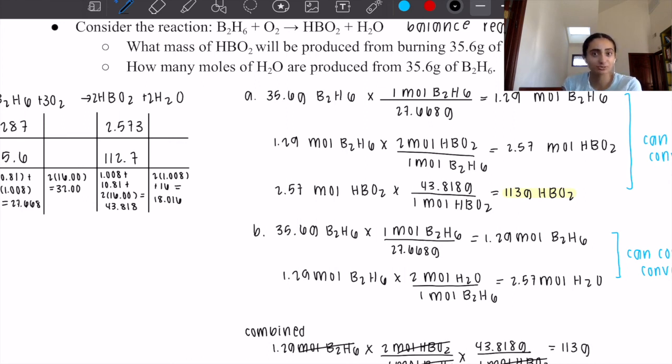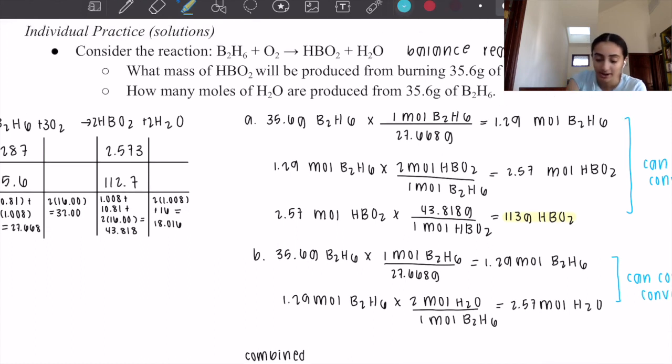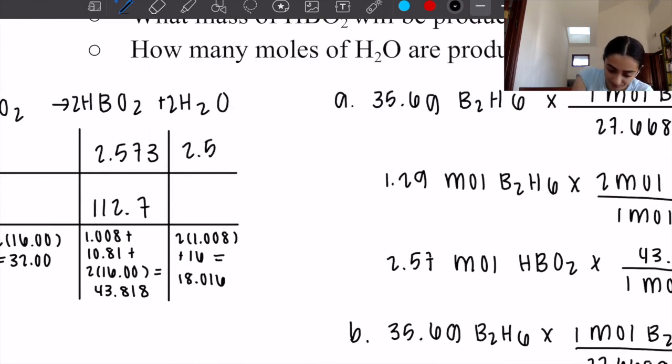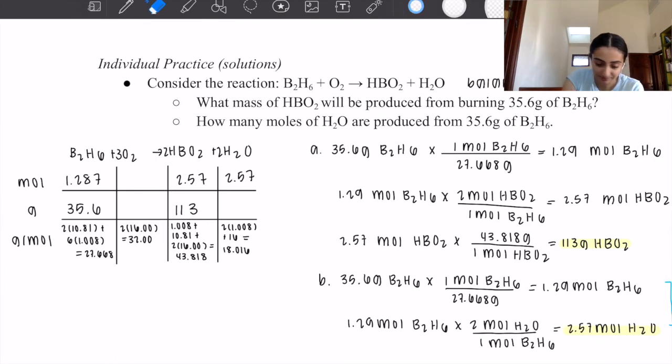I think I forgot to mention putting a 2 in front of H2O when I said how I balanced the reaction. But same kind of thing, we're just going to multiply 1.29 by 2 and get 2.57 moles of H2O. Forgot to write that in my table. And I slightly messed up on the sig figs in my table, so that would need to be like that.